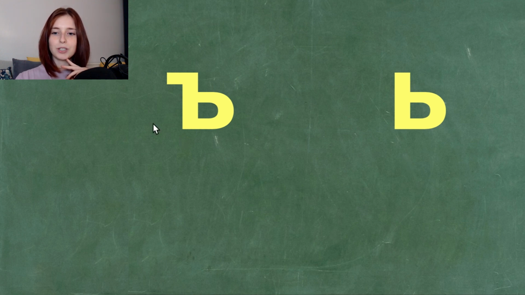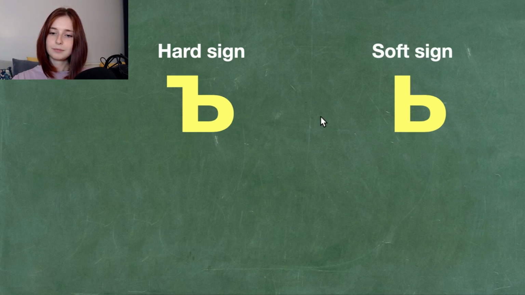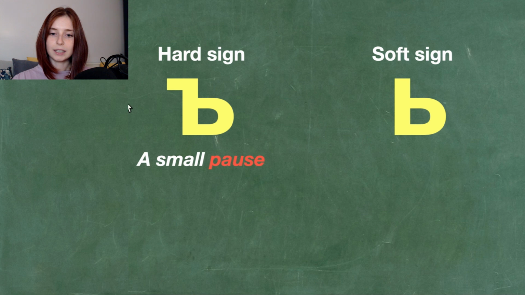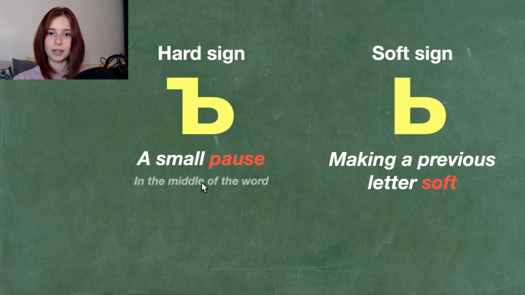Now, you've seen these guys before. We are not going to talk about them too much today, but I must show you what is their function. So the first one is hard sign, and I would actually call it not a hard sign but a dividing sign, and you will see why in a second. And this is soft sign, hard sign and soft sign. The function of this hard sign is in the middle of the word, it brings this small pause and divides a word in two parts.